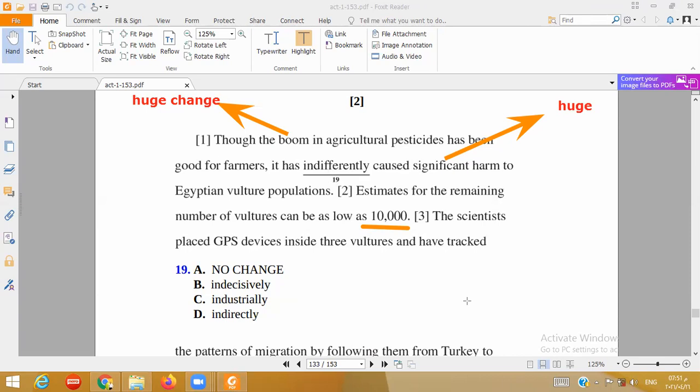Well, the word indifferently here is wrong. So he wants to say that those agriculture pesticides caused significant, huge harm to the Egyptian vultures population. So which one am I going to go for? We have A and B and C and D.